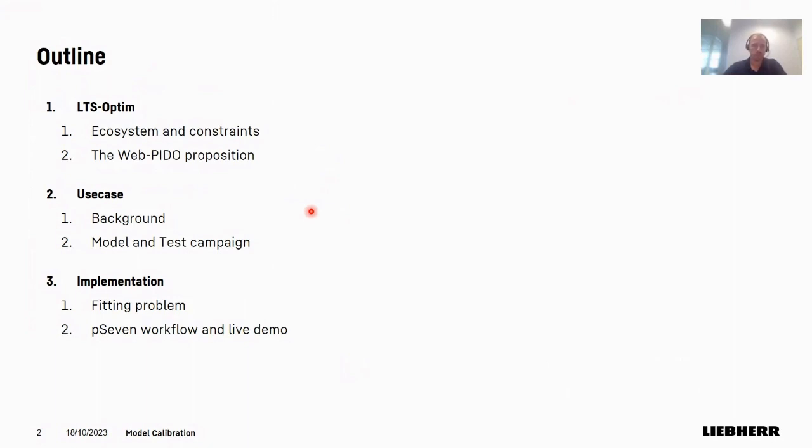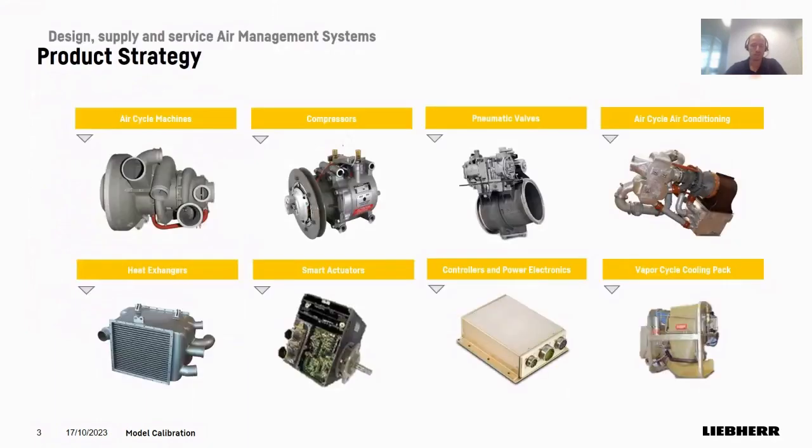So, just a quick introduction to our company. We are Liber Aerospace Toulouse. We design, supply and service air management systems for all kinds of aircraft, from commercial aircraft and helicopters to fighter jets or business jets.